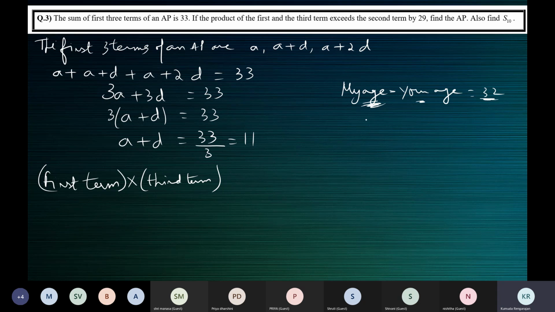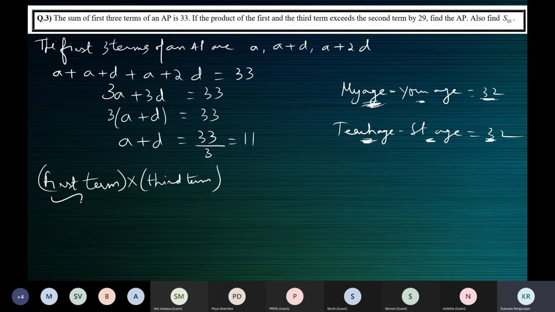You don't read it as my age minus your age, then it will not give the same meaning which I'm trying to convey. So the teacher's age minus student's age is equal to 32. The teacher's age exceeds the student's age by 32.